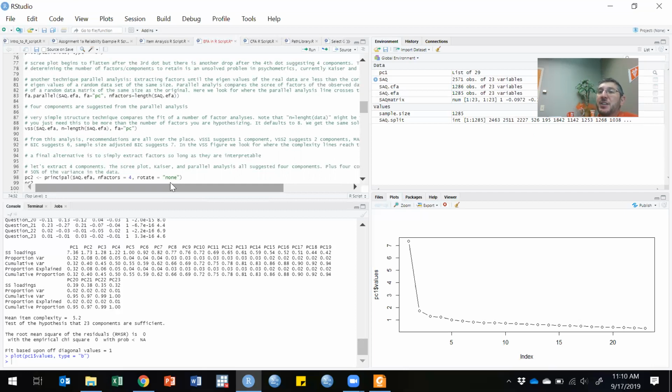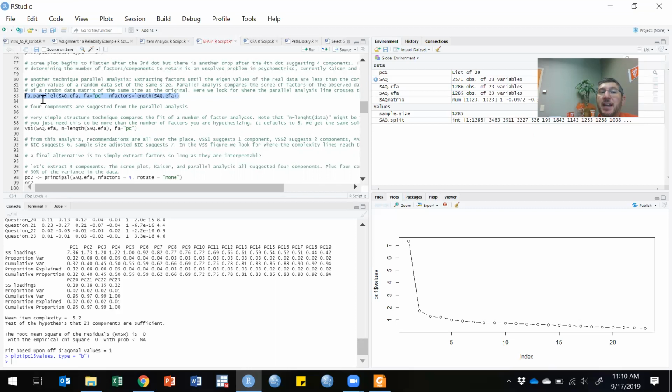So we're going to compare the scree plot of our original data with a bunch of random permutations of data of our same size. It's going to plot these on top of each other, and we're going to see where the parallel line crosses.